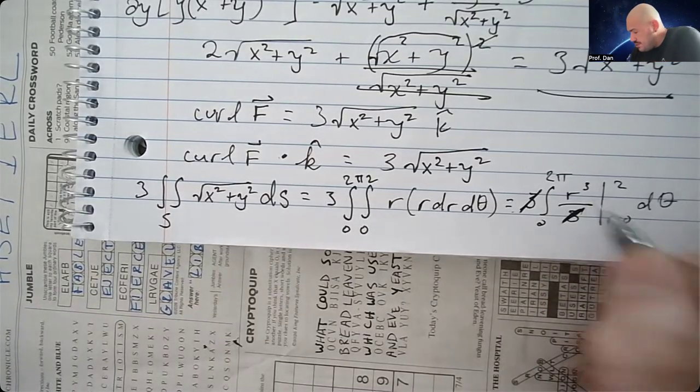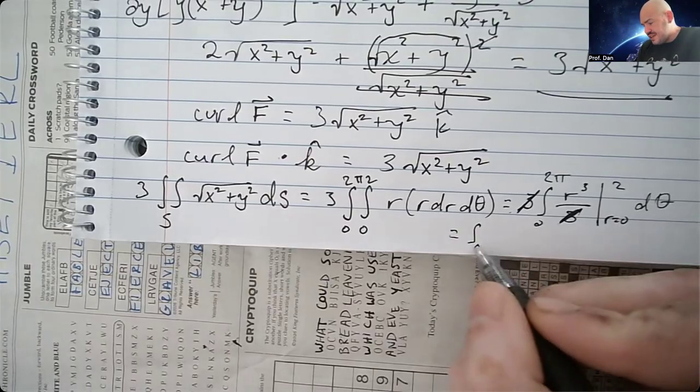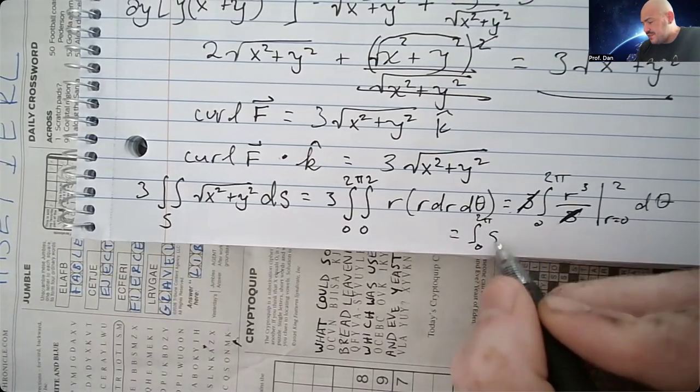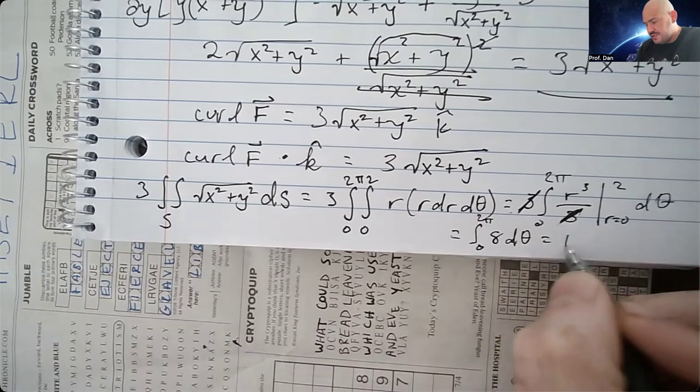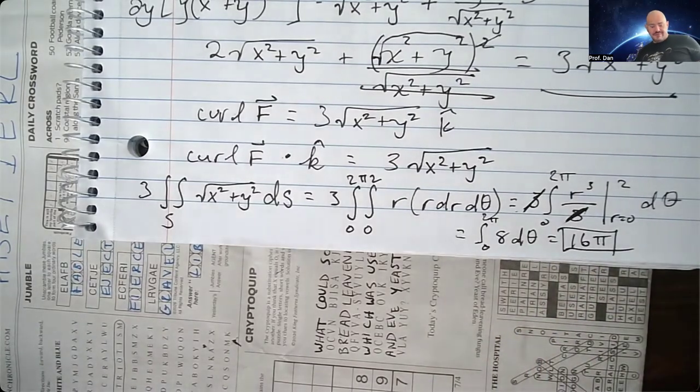So now if I plug 2 in, I get 8. If I plug 0 in, I get 0. So we're really just taking the integral from 0 to 2 pi of 8 d theta, which gives me my answer, 16 pi. And there we go.